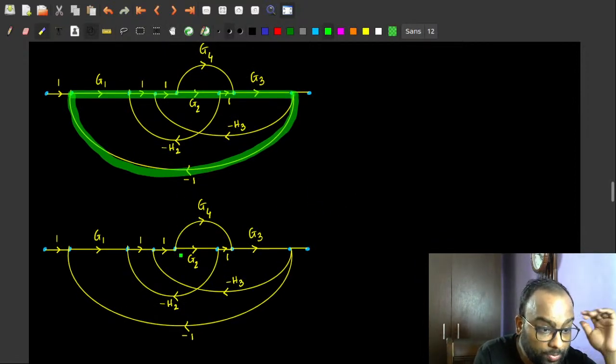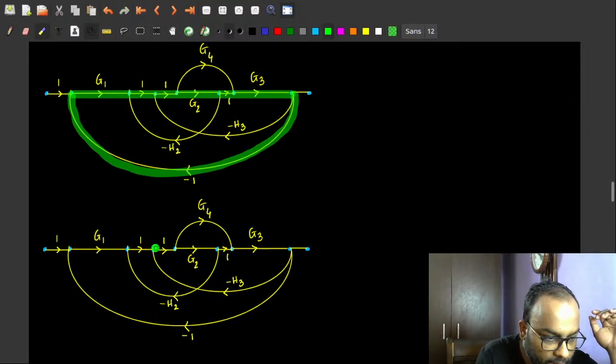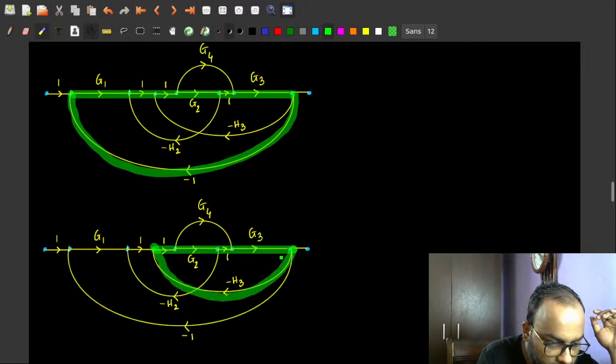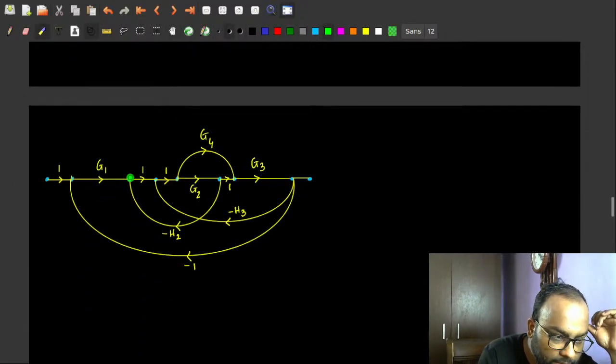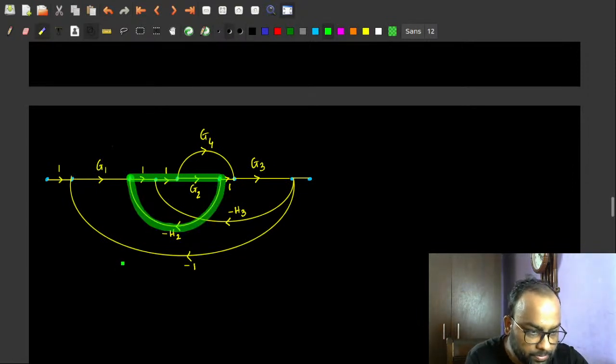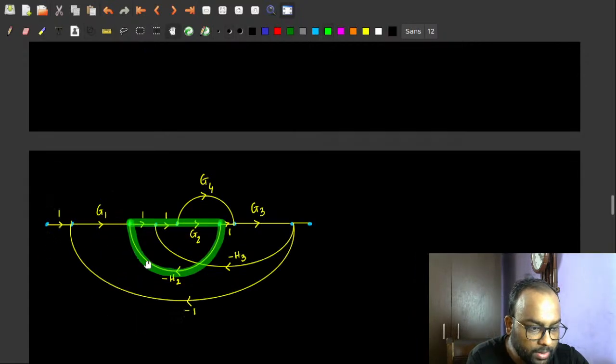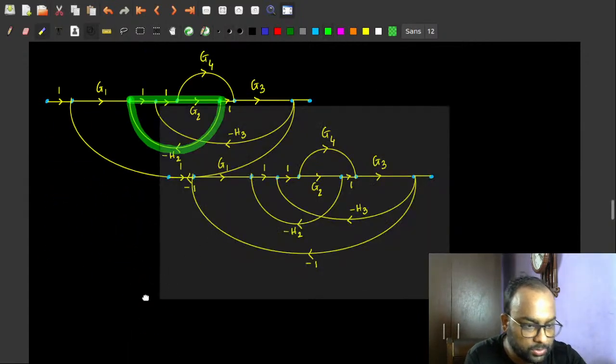See, this part is not a loop. This is another loop. There is another loop. And there are other loops as well.